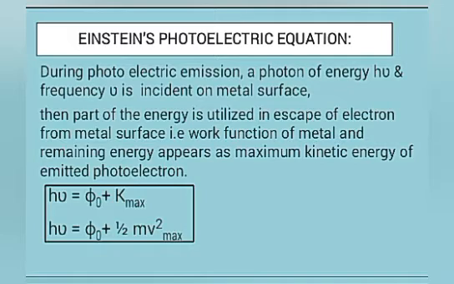Hence here K maximum can be written as half m v square maximum, where v maximum is maximum velocity of the photoelectrons. These equations are called Einstein's photoelectric equation. Okay, this is important from the exam point of view. Remember these equations.